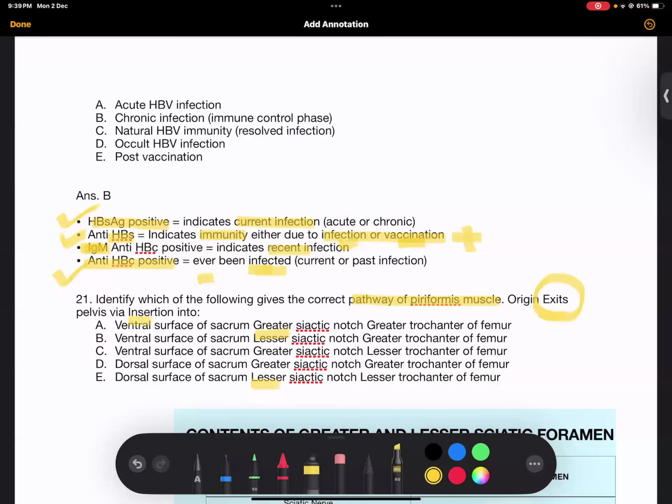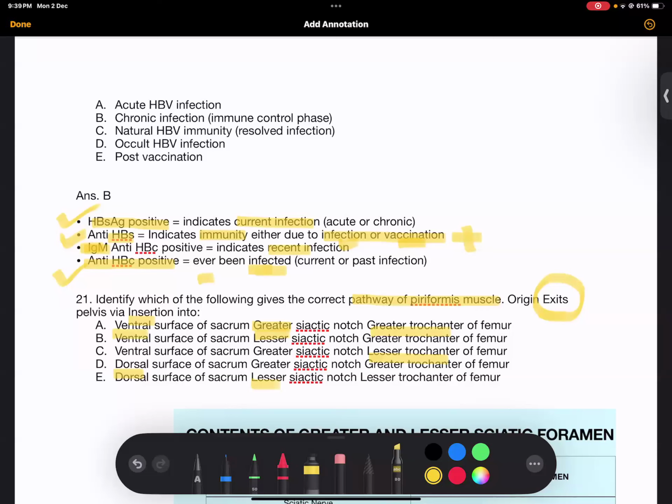And then the insertion. So these 3 things they have asked you in the same question. So first is the origin, either from ventral or dorsal, second the exit pathway from greater or lesser sciatic foramen, and the third is the insertion on the greater trochanter or on the lesser trochanter. Okay, so these three things you have to remember in the piriformis.